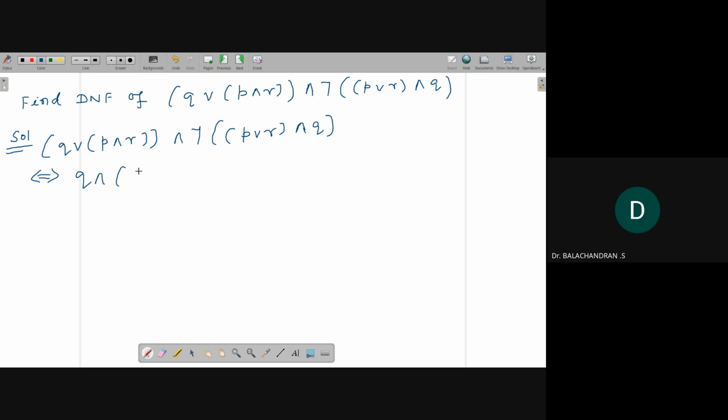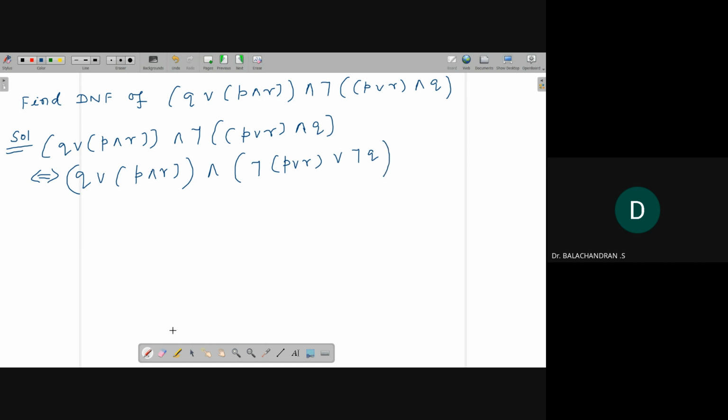Q and P or R, and then Q or R, apply De Morgan's law. So this is Q or R, P or R, and if I apply De Morgan's law, you'll get negation of P or R, and then here negation Q, close the bracket.